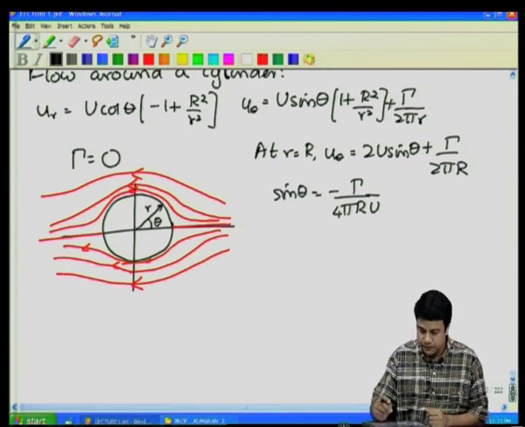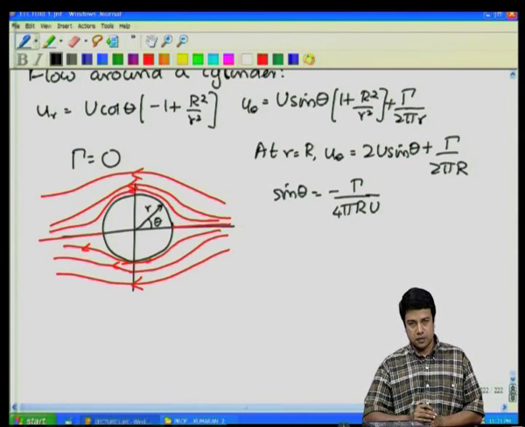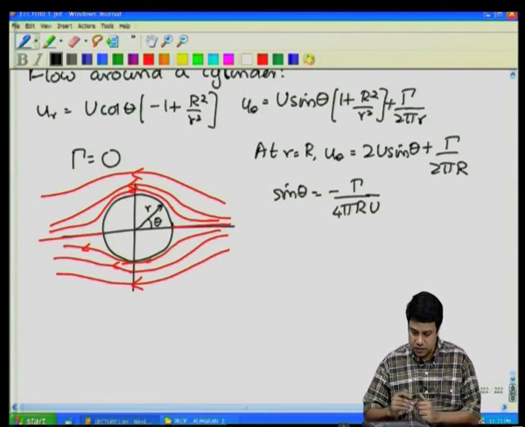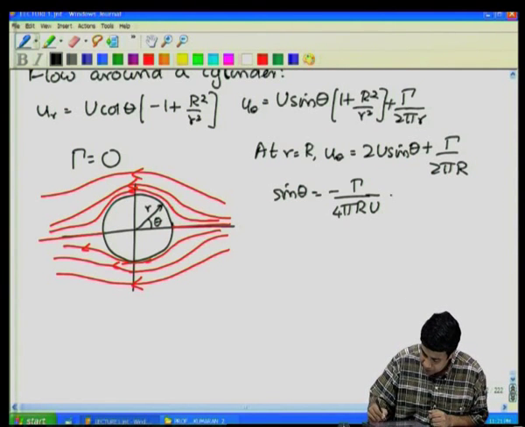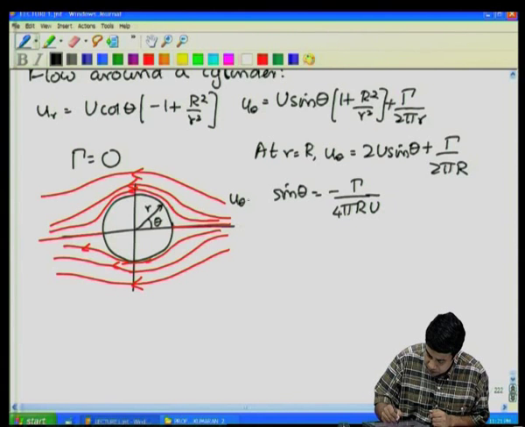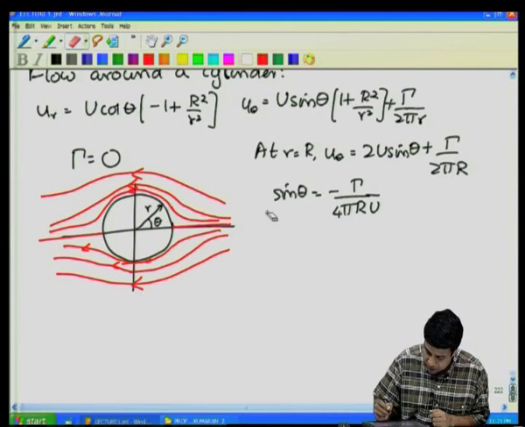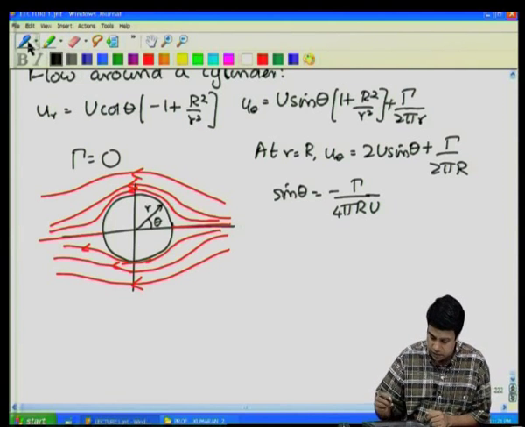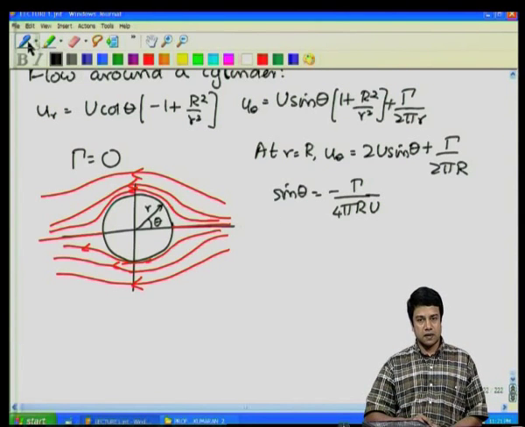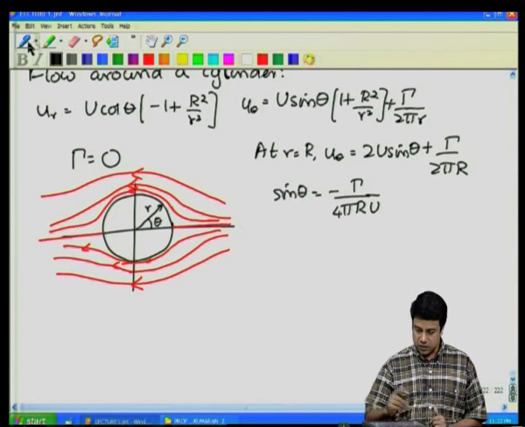Clearly, u theta will be equal to 0 only when sin theta is equal to minus gamma by 4 pi r u. Sin theta is negative, that means that u theta is equal to 0 either in the third or the fourth quadrants.